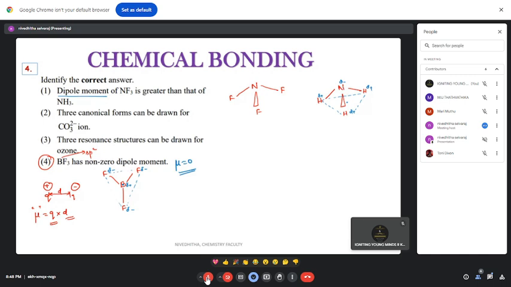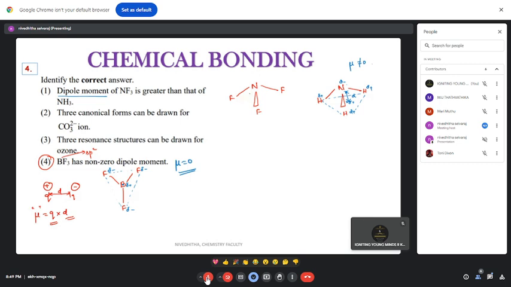But nitrogen is not on the plane. It is projecting above the plane, so definitely there is a charge separation between the positive and negative charge, or there is a distance between them. So we have d here. So here the dipole moment is not equal to 0.